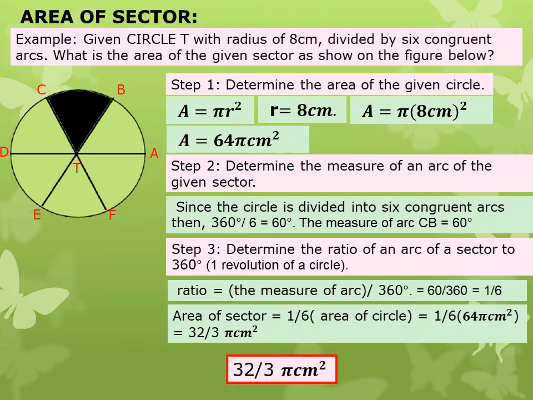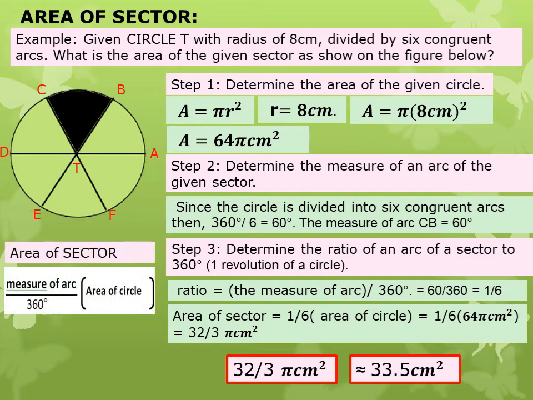Simplify, so equals now approximately 33.5 centimeters squared. Okay. So we have this formula: the area of sector is equal to the measure of arc over 360 times the area of circle.